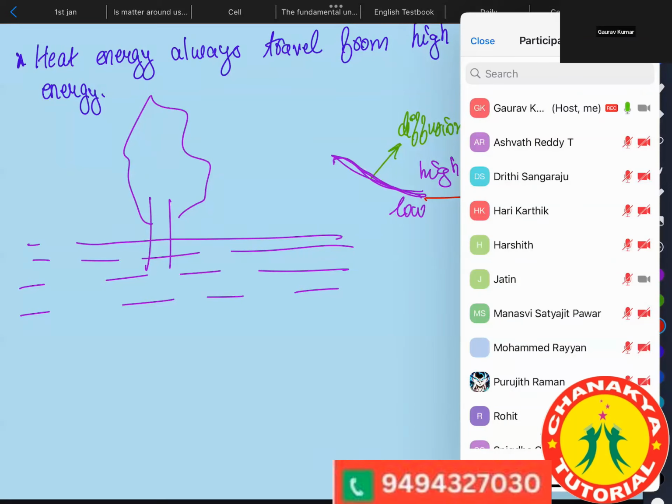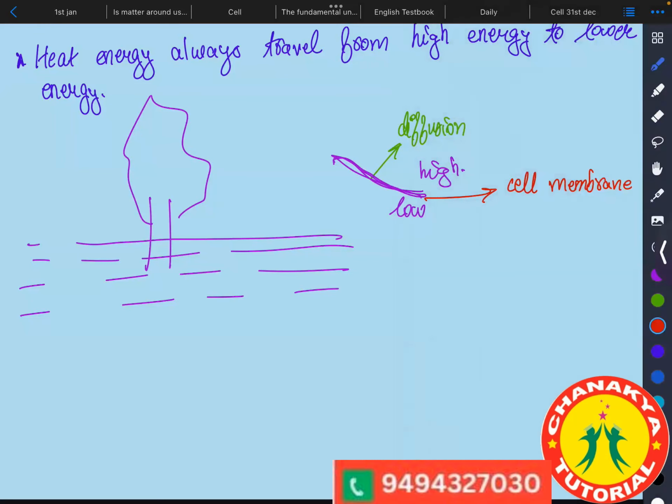Whenever he enters, that area of the wall will shut. This is the same phenomenon which is there in the cell membrane also. The cell membrane allows specific kinds of materials to pass through it, or it can make them exit. It is kind of a guard which allows some material to come across it, and allows some material to go out of it.